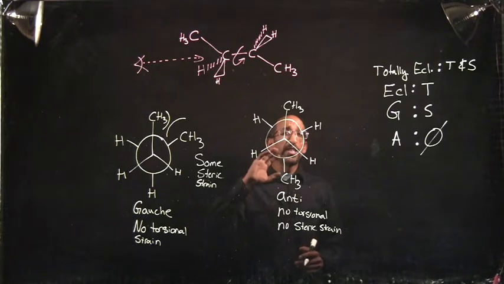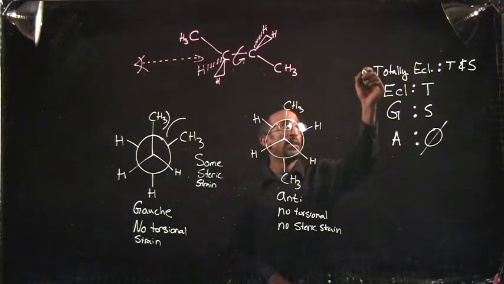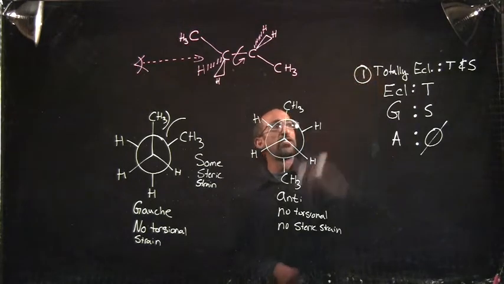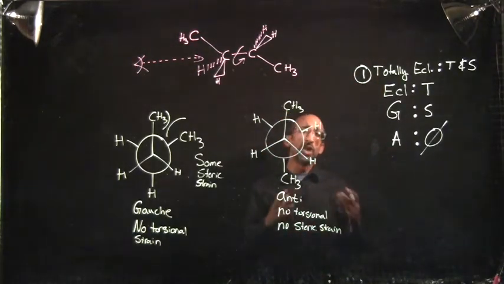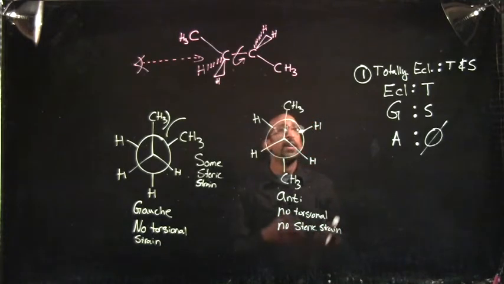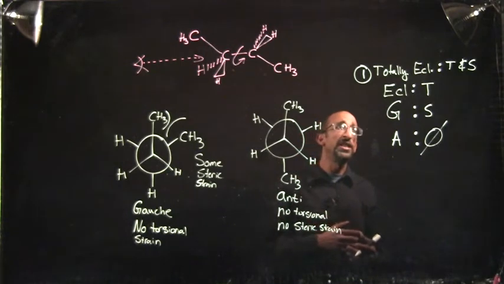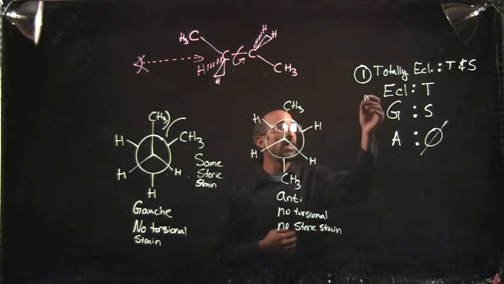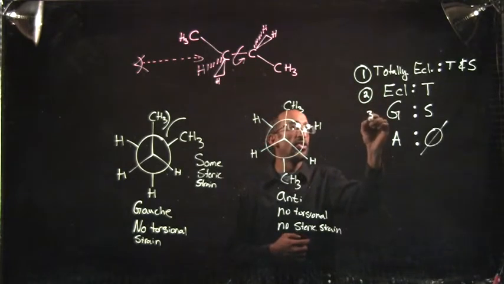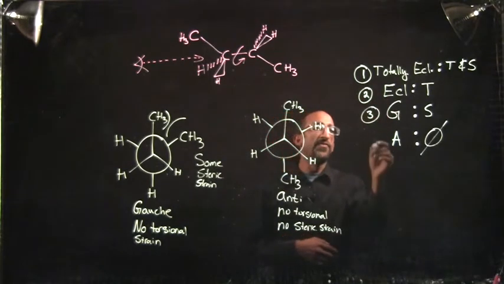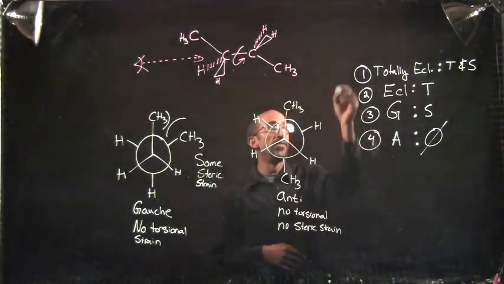So we would expect that highest in energy, number 1, highest potential energy, the most strain, is going to be from our totally eclipsed conformation. Moving from there, the next lowest in energy would be our eclipsed conformation, and then our gauche conformation, and finally lowest in energy is our anti-conformation.